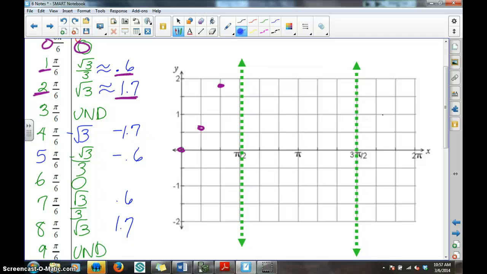But the tangent graph goes high because tangent can. All coming together. Next, I'm going to jump over that green dotted line and go down to negative 1.7, then negative 0.6, then 0, then 0.6, then 1.7, back down, then 0.6, then 0. And that's what my graph is plotted as.